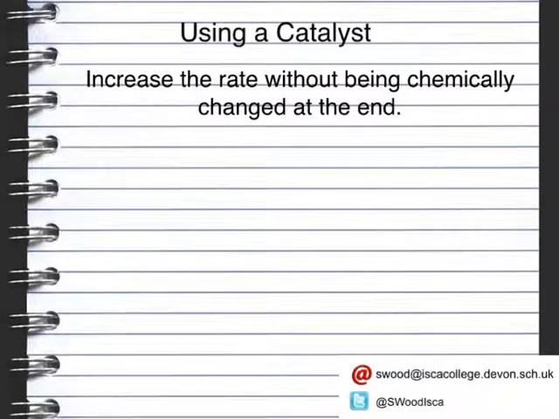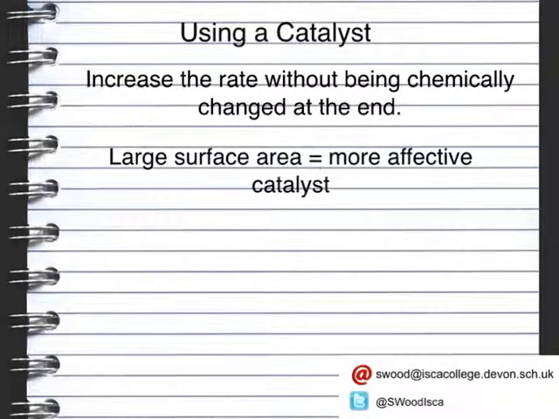Catalysts are often solids, and as we've just spoken about, having a large surface area can make a catalyst more effective. That's because you've got more particles exposed and a greater chance of a collision, and therefore we have that key term again, a more frequent successful collision.